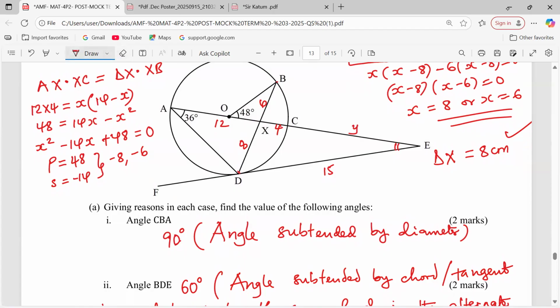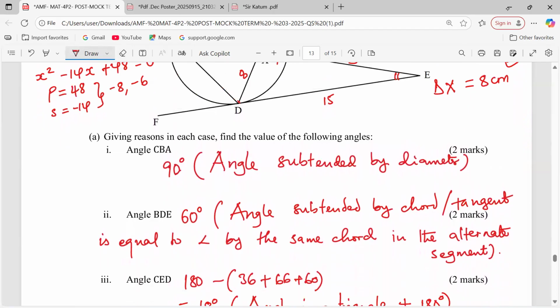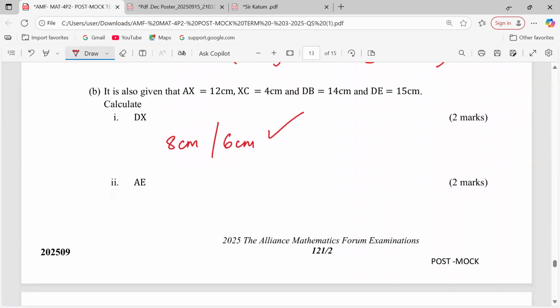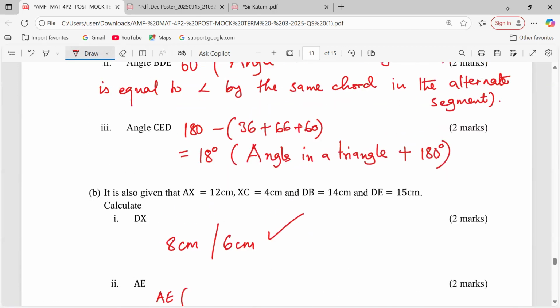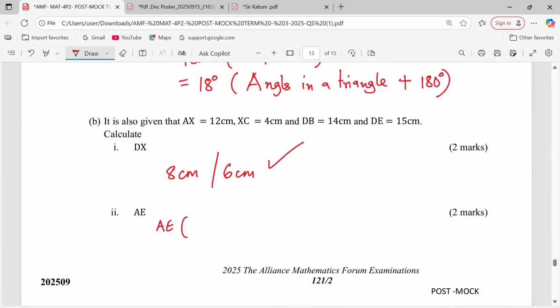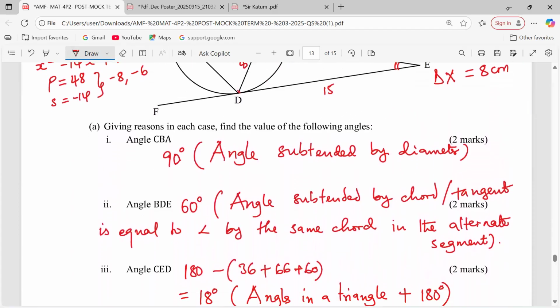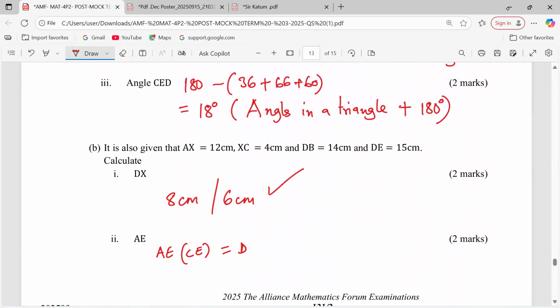Then we will say the whole of the chord A to E, when I take A to E and multiply by the outer portion, which is C to E, I should get the same as the tangent squared, DE squared.